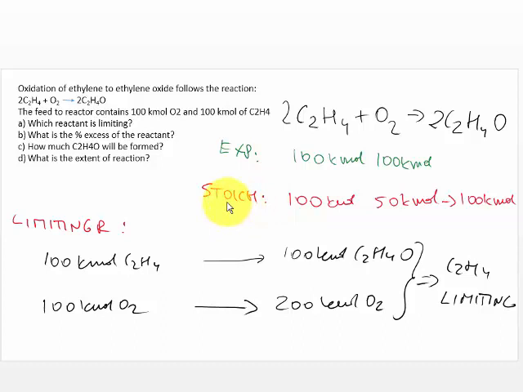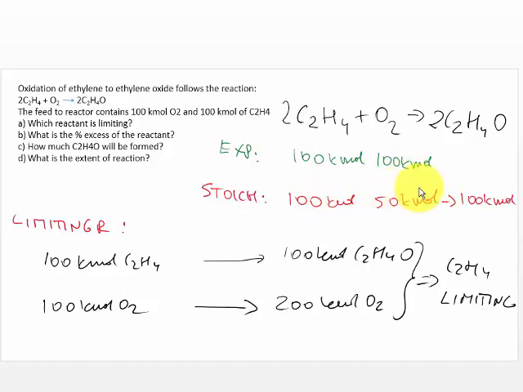Looking at the stoichiometry, if we have 100 kmols of ethylene, we need half of that quantity of oxygen, because 2 moles of ethylene would require 1 mole of oxygen. So based on the stoichiometric equation, for 100 kmols of C2H4, we need only 50 kmols of oxygen.